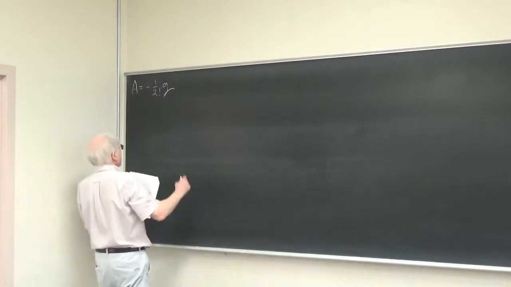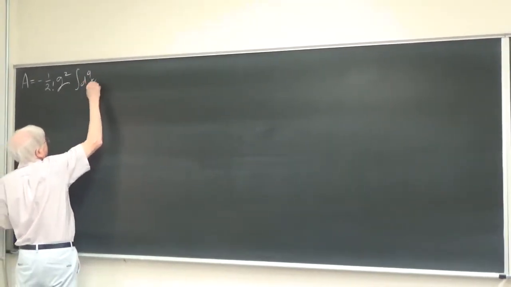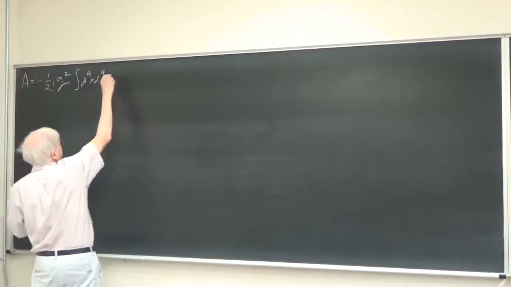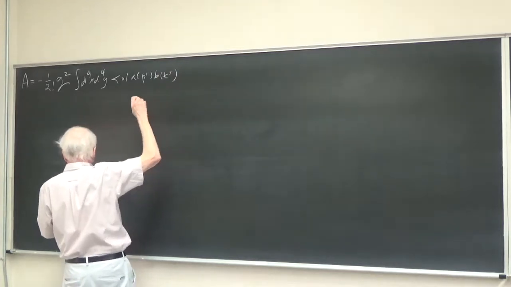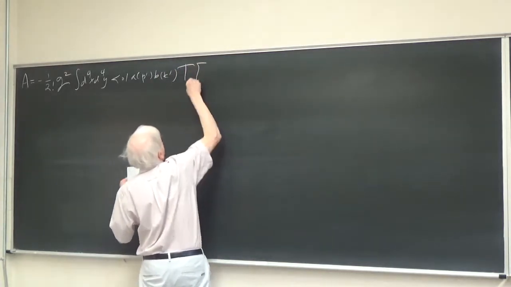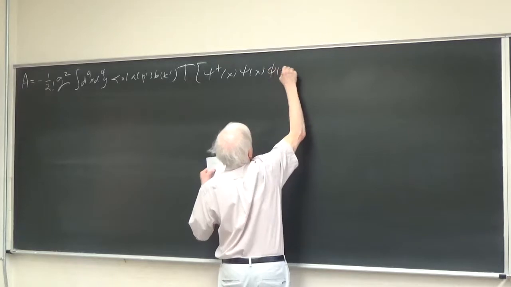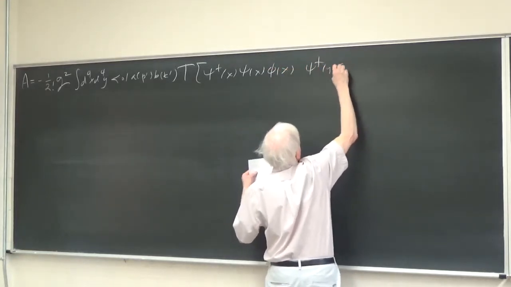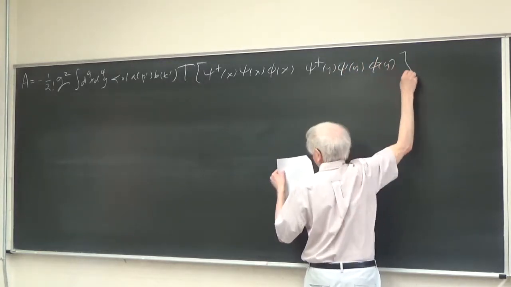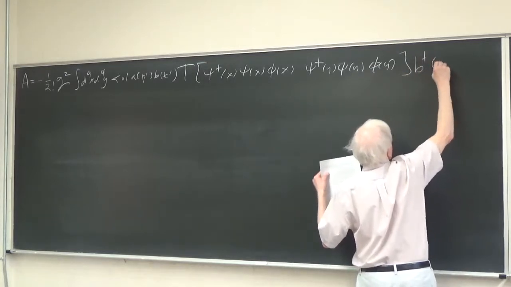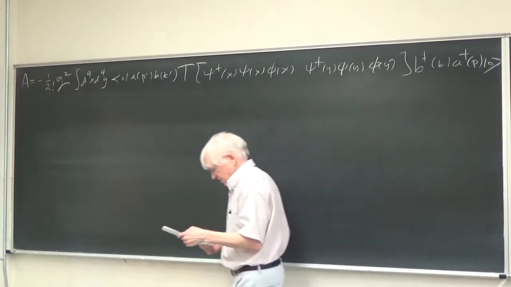Okay, g squared, psi dagger of x, psi of x, phi of x, psi dagger of y, psi of y, phi of y, b dagger of k, a dagger of p, vacuum. Okay, so that's what we're computing.